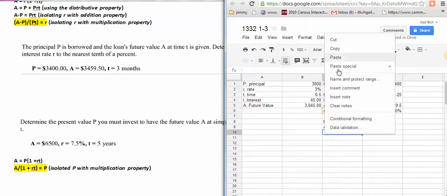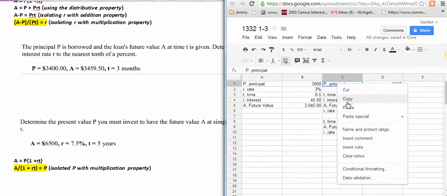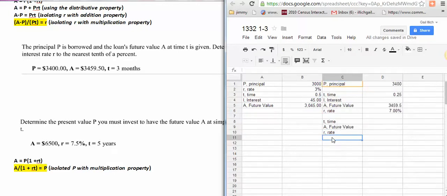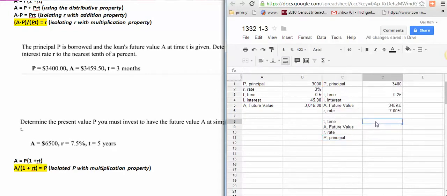Paste, and then we want to figure out what P is. So I can copy this and put that at the bottom because that's what we're solving for. Paste. All right, so I'm using a little formula. The time that they gave us is 5 years, so I'll put the 5 in.